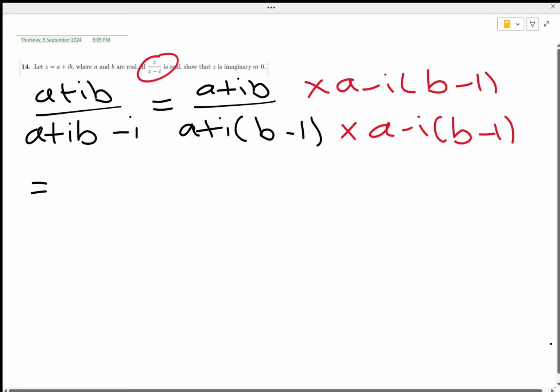which will give us a times a is a to the power of 2.